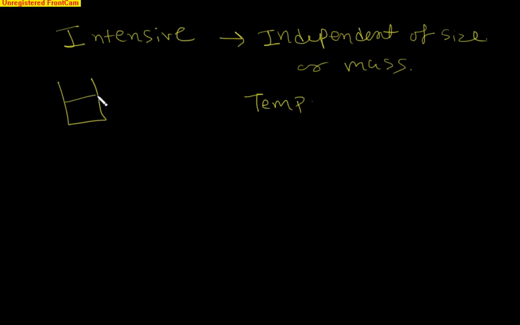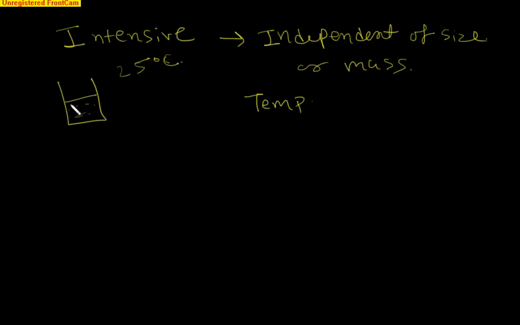Suppose this is a beaker. We have water in it. Its temperature is somewhat, suppose it's completely insulated, or you can say it is in the atmosphere, just like a cup of tea or glass. Its temperature is the same as that of the atmosphere, for example 25 degrees Celsius.